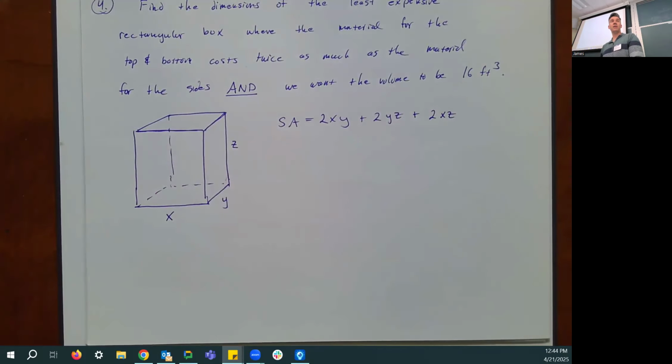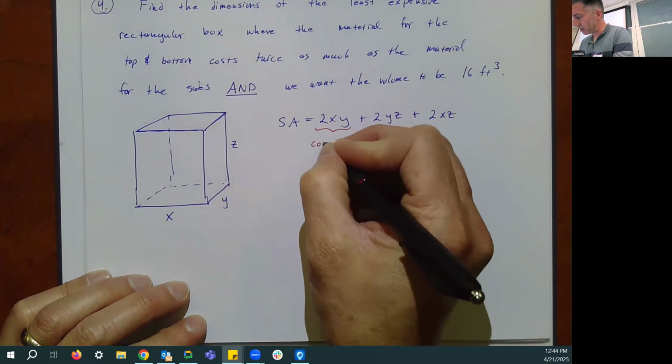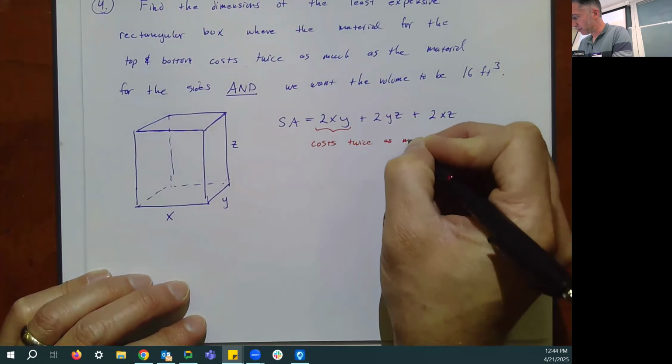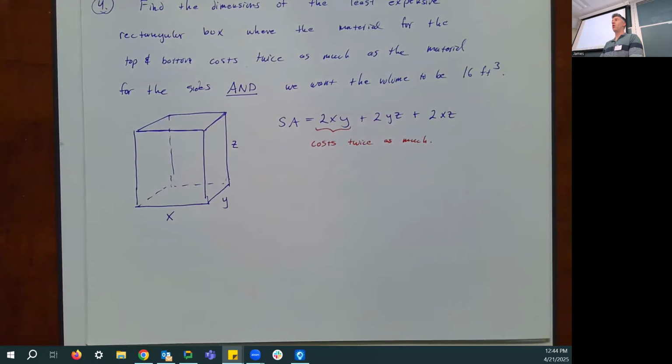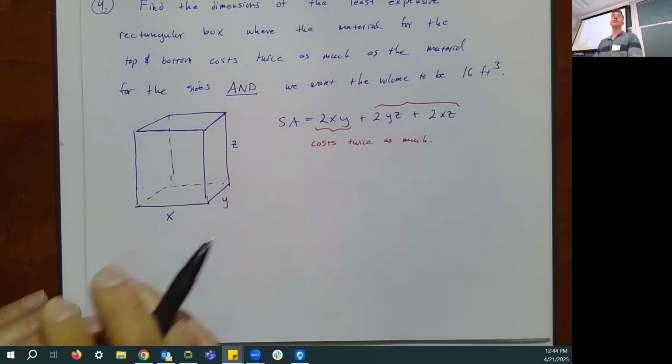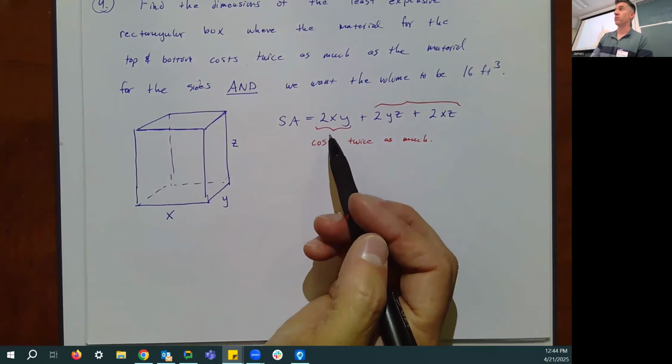But I want a cost equation where we're saying this bottom and top part costs twice as much. The problem is they didn't tell us how much it costs. Well, it actually doesn't matter. We just have to assign some numbers. So we could just say these parts are going to cost $1 per square foot, and these parts are going to cost $2 per square foot.